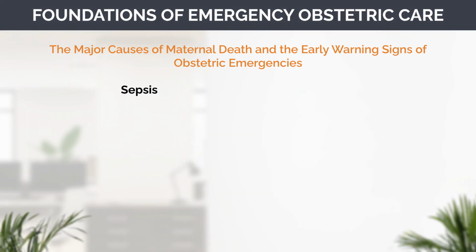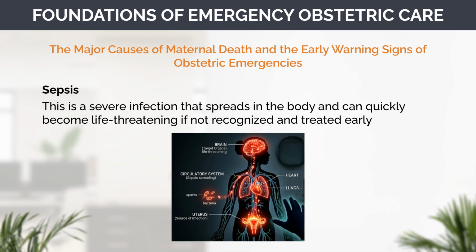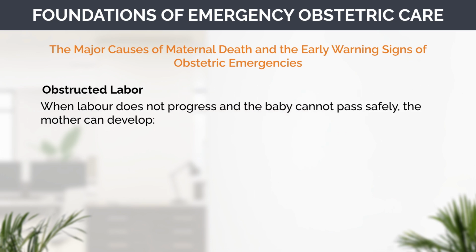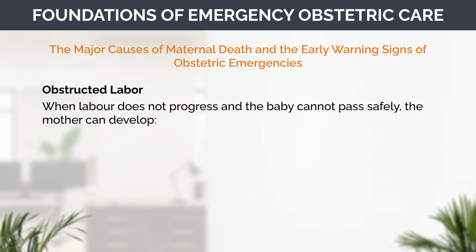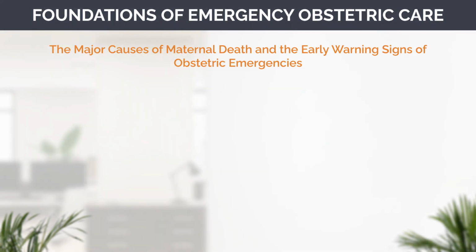Third is sepsis. This is a severe infection that spreads in the body and can quickly become life-threatening if not recognized and treated early. And fourth, obstructed labor. When labor does not progress and the baby cannot pass safely, the mother can develop exhaustion, uterine rupture, infection, bleeding, and fetal compromise.